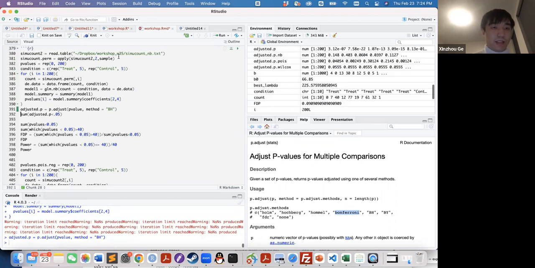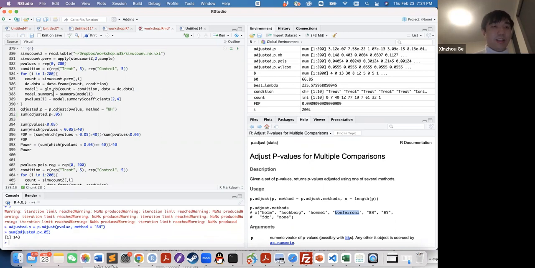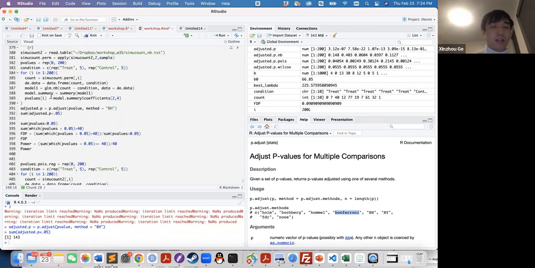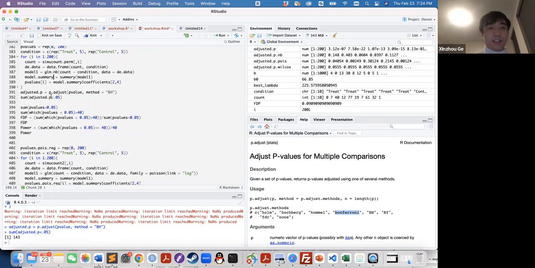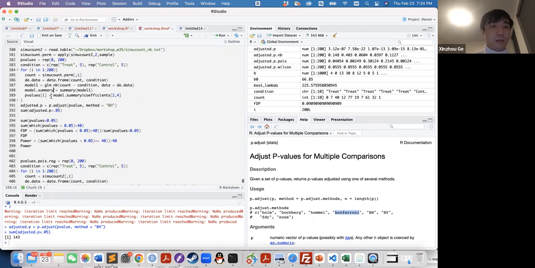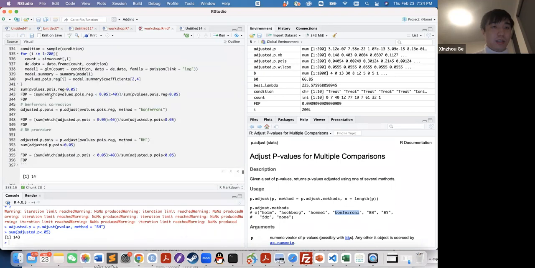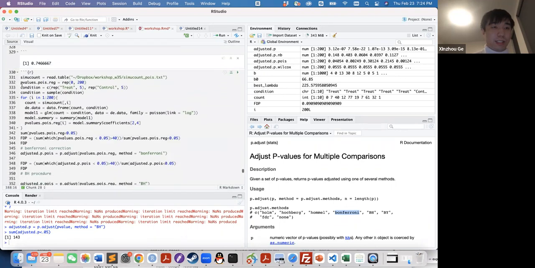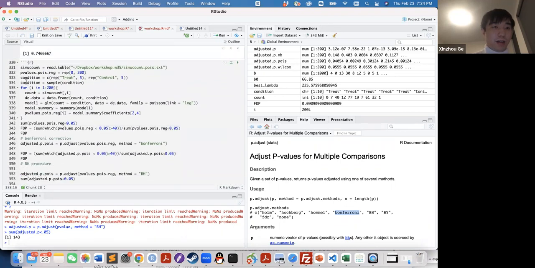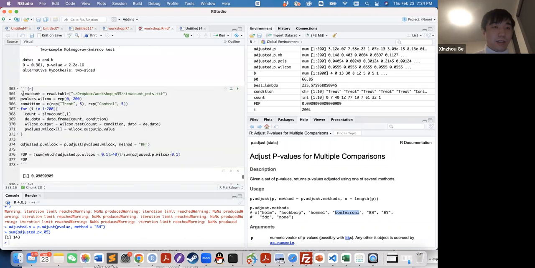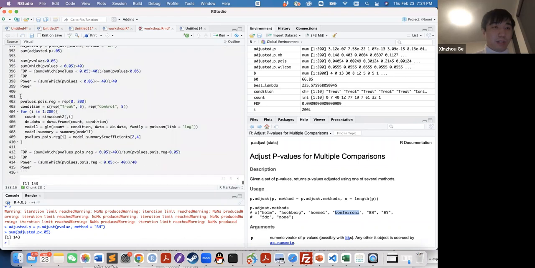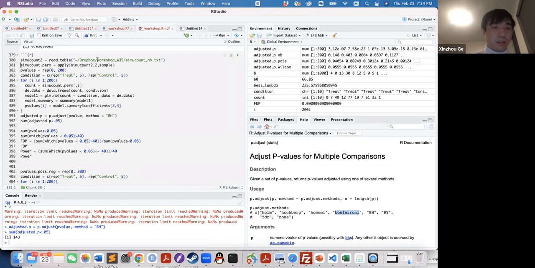So I just double check. Okay. And yes, we can also try this on the correct model, for example, the previous one, so this case. So we can also generate a permuted count matrix.